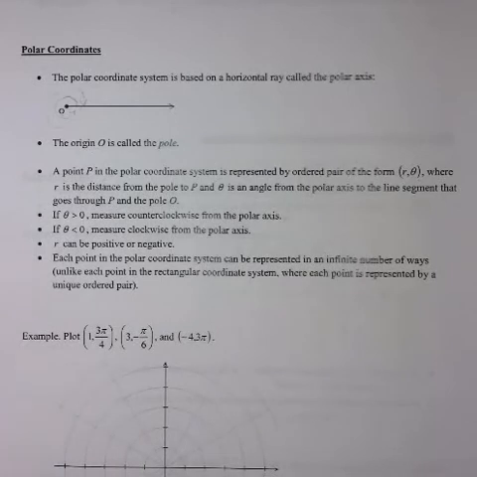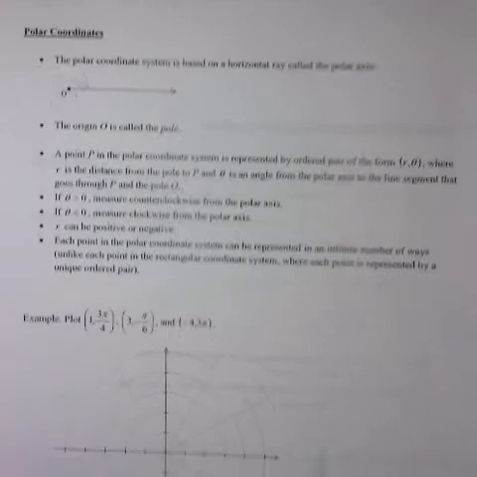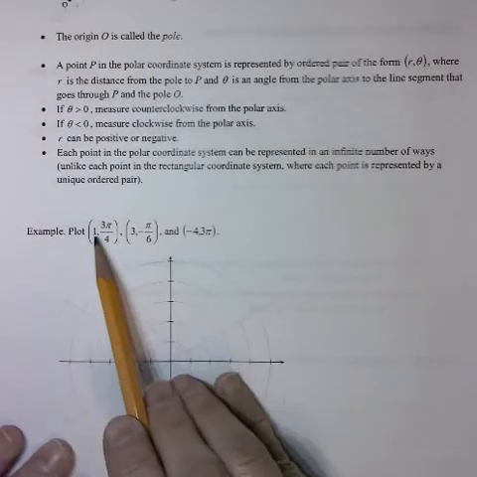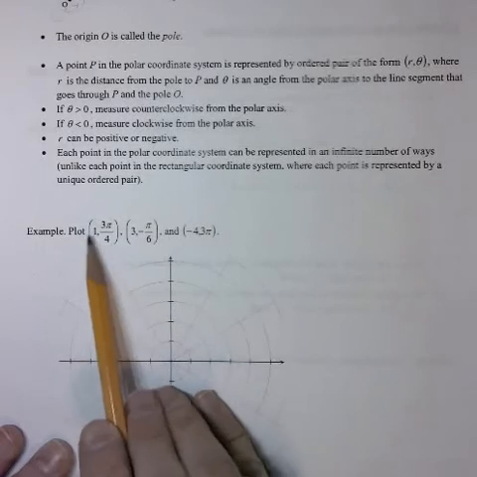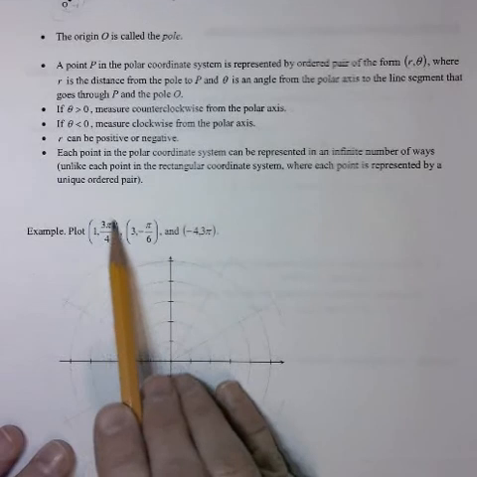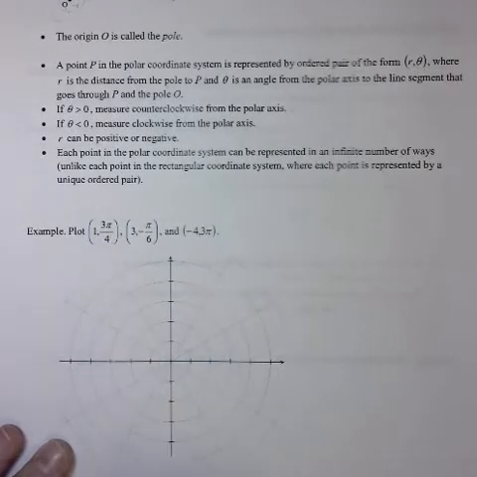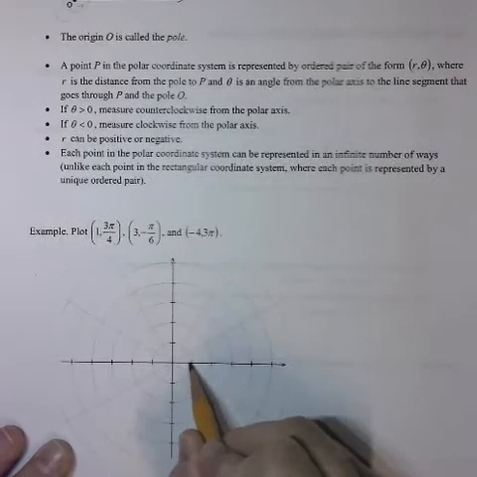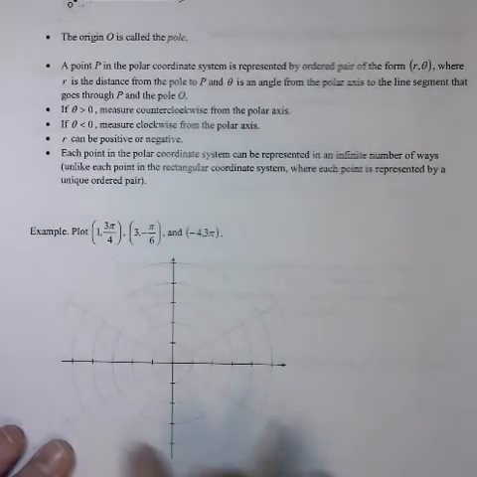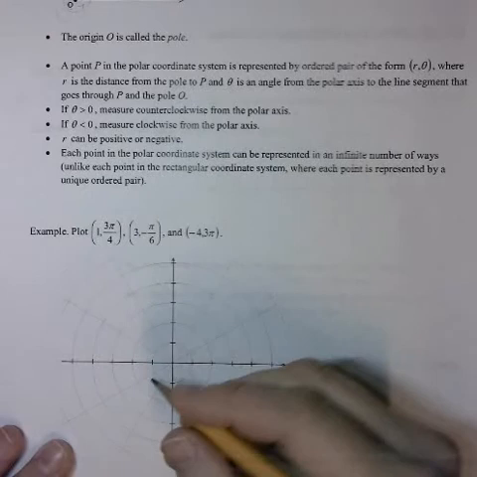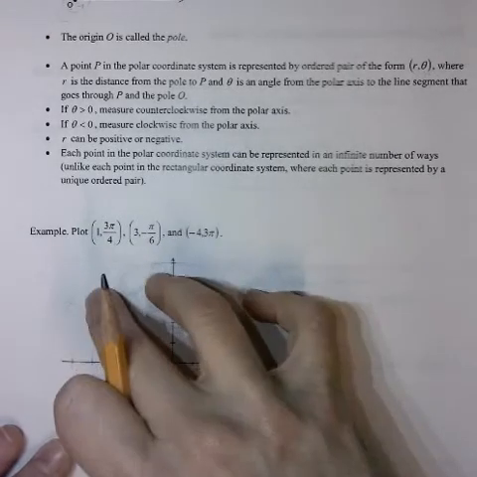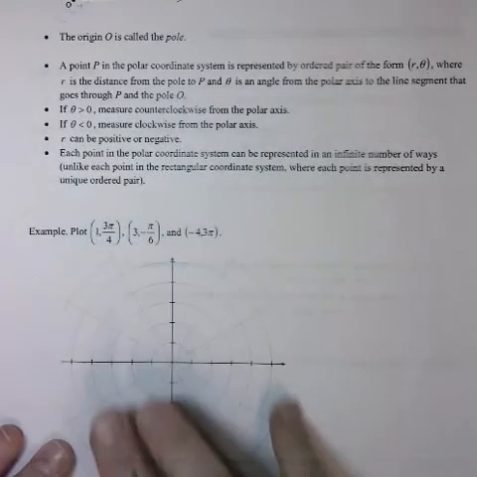So let's look at examples here. We have the point (1, 3 pi over 4). It's a little odd because r is first and theta is second, but you're actually going to use theta first. So 3 pi over 4 is over here, of course. Notice in this system, it looks like the x and y axis, and you can think about the two systems superimposed upon each other.